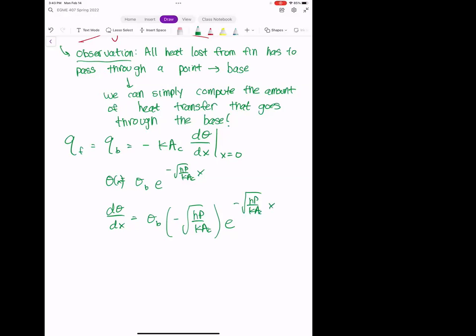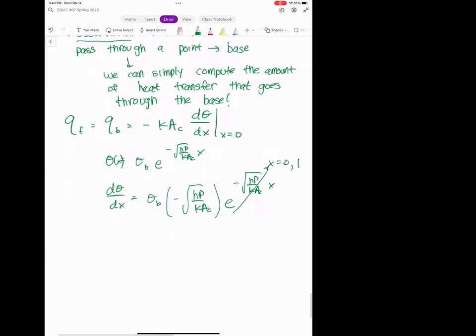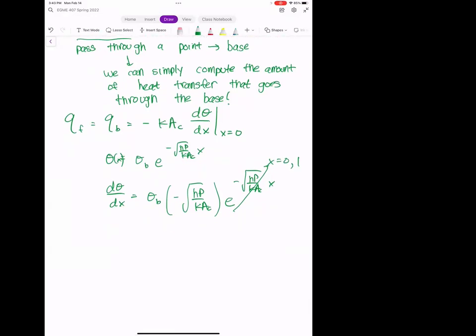If we evaluate this at x is equal to 0, then this is going to turn into 1, right? Because we have e to the 0 power, which is just 1, okay? And so if we plug this in, we get QF is equal to minus KAC times theta B times minus square root of HP over KAC, okay?